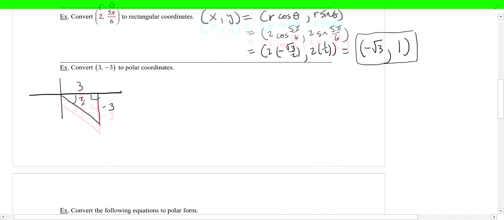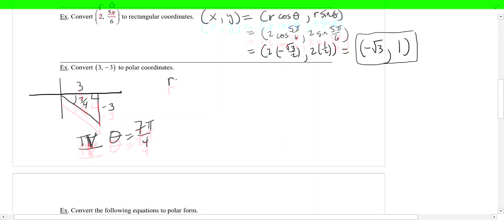That is a pi over 4 angle, right? In the fourth quadrant. I'm not having any luck with drawing this. There we go. So in the fourth quadrant, the angle has got to be 7 pi over 4.